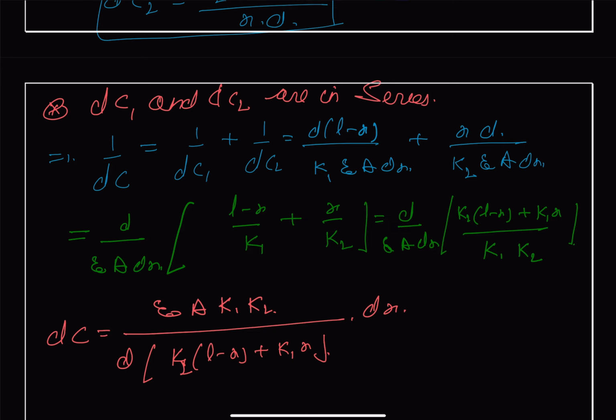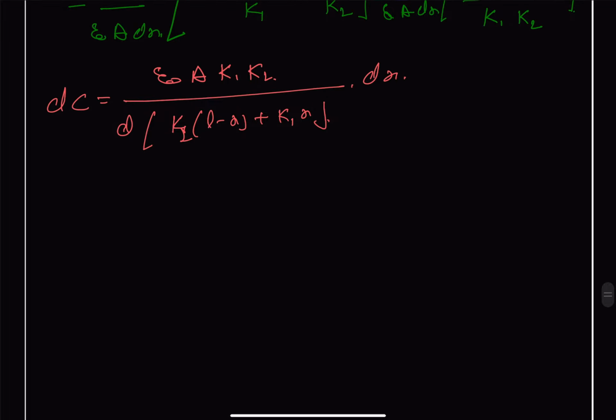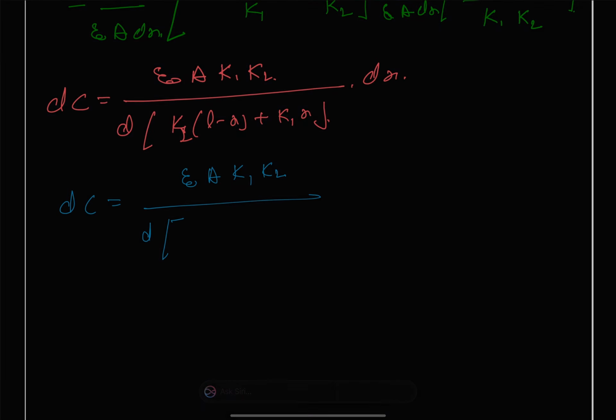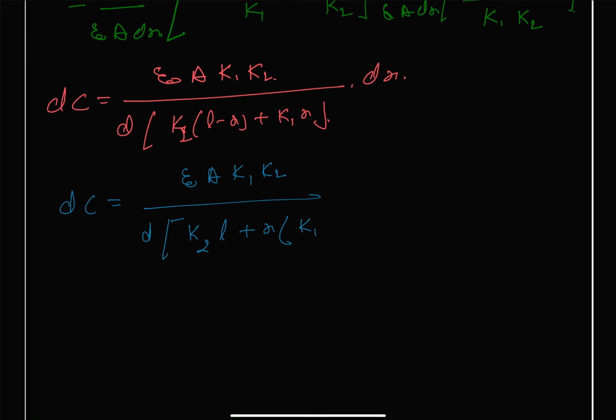And we can make some adjustment here. So DC will be equal to epsilon naught A K1 K2 D. We multiply K1 K2 inside, so we get K2 times L, plus x we can take as common, so we get K1 minus K2, and d of x.